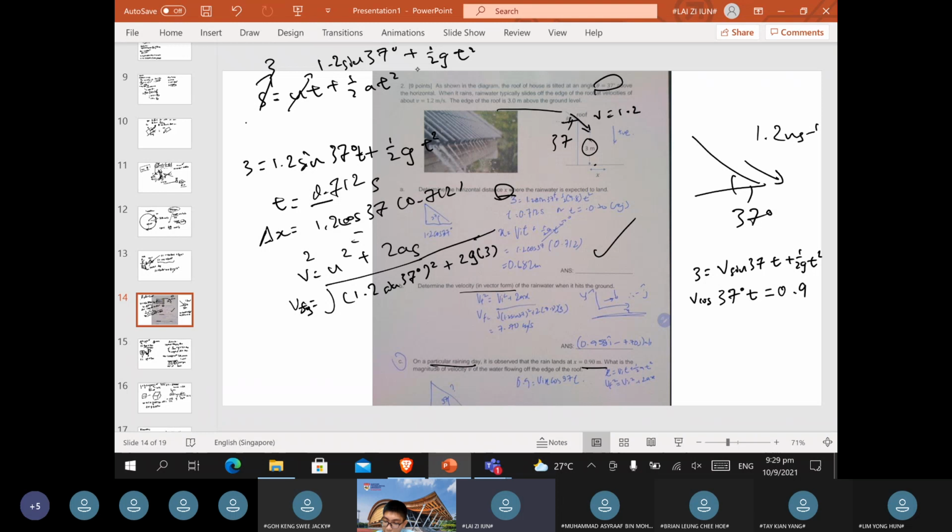In this case, I let this be positive because I let the downwards direction be positive, right? 3 meters is going downwards, 1.2 is going downwards, and gravity is pulling downwards. So that's why I have it positive.